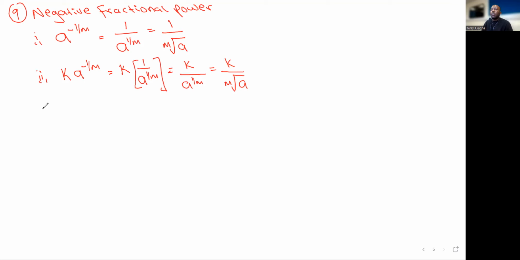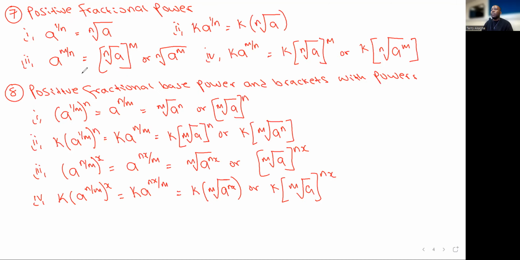Now the next one, the third one under this. If we're having the same thing, a^(-n/m), to remove the negative sign, it's going to be 1 over a^(n/m). And that's the same thing as saying 1 divided by, like I said in this rule here, the bottom one is going to be the mth root and the n will be the power.